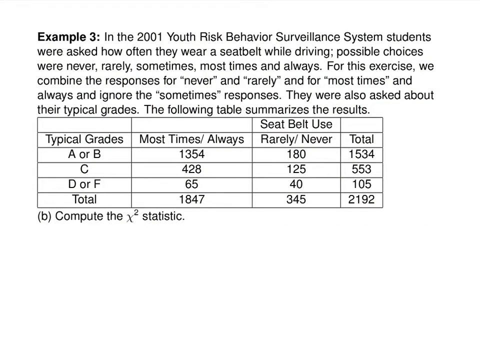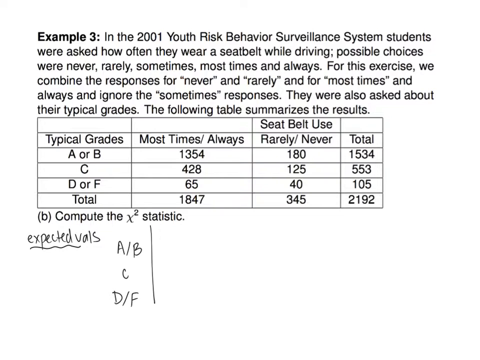Okay, so find that chi-squared statistic. So first find the expected values. Okay, so we have the A/B category, the C category, the D/F category. And then we have the most or always seatbelt wearers or the rarely never seatbelt wearers.